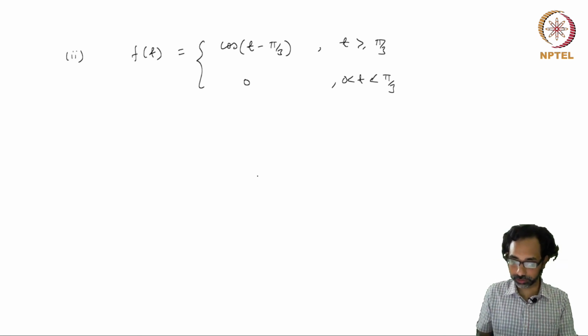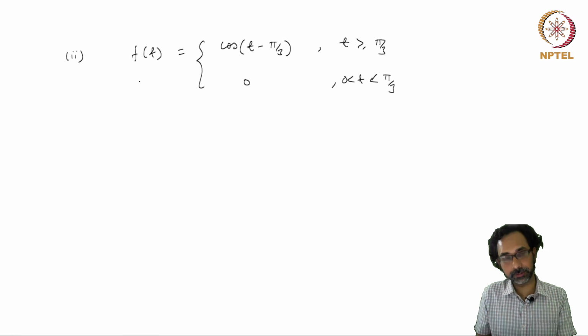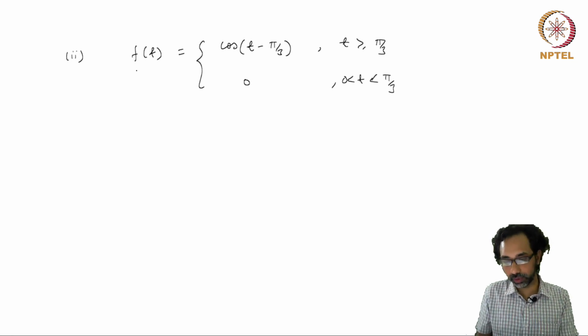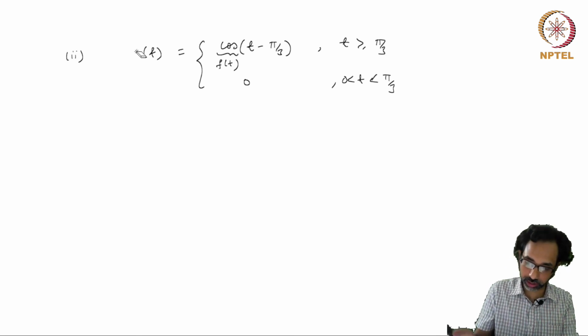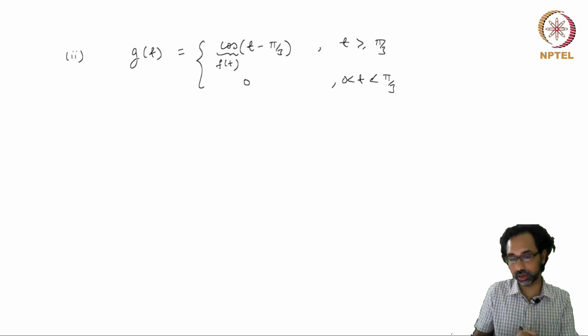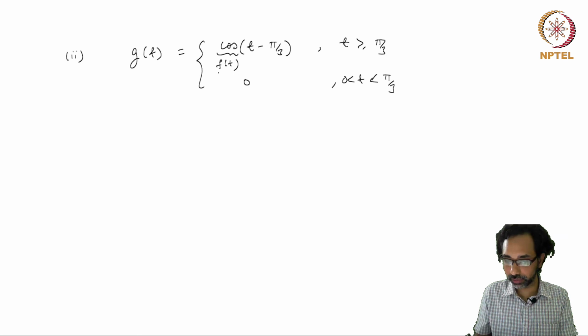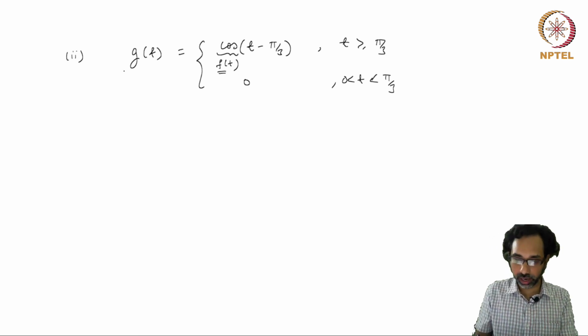So in this case, this is simply the way we define the shift g(t) from f(t). So let me write this as g(t) so that no confusion occurs. This new function is defined using the cos function, which is f(t), and we define this new function g(t) using the shifting in the domain.